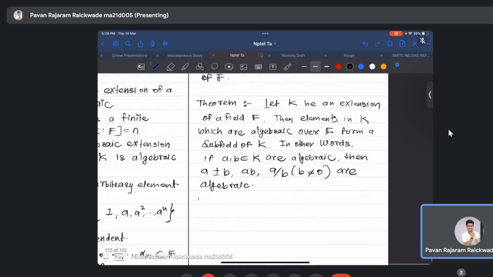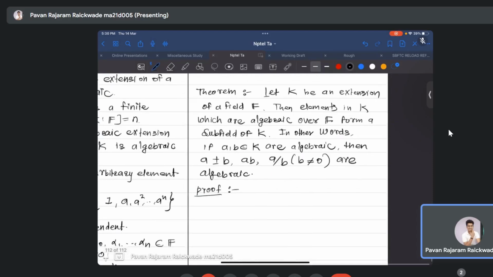Okay, let's see the proof. This theorem will also be used in a different way. For example, I want to say that every complex number is algebraic over the reals. How would I say that? From the previous theorem it follows directly that because it's a finite extension, hence it's algebraic.